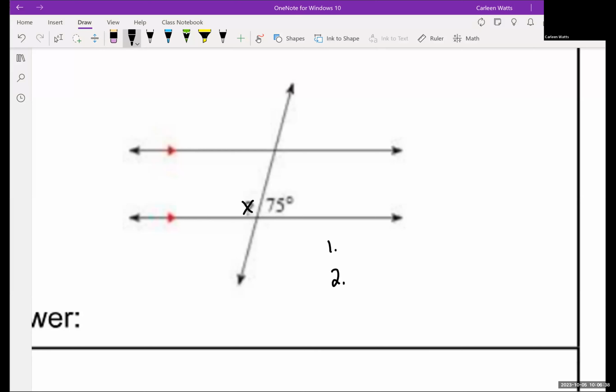They are both on the interior. In fact, they're both on the same line. This is a linear pair. We take 180 minus 75 and we get 105 degrees. X equals 105.